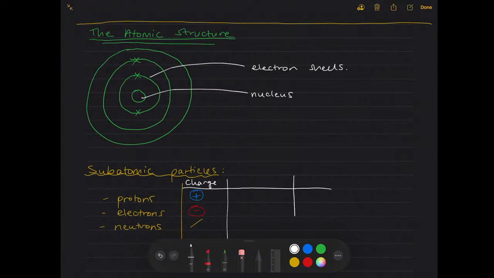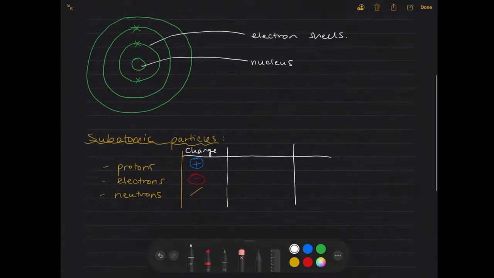In addition, you need to know about the relative mass. And what that means is, in comparison to one another, what is their mass? Makes it quite easy. Protons have a mass of 1, neutrons are also 1, so they are actually equivalent in mass. Whereas electrons are much, much smaller in mass.